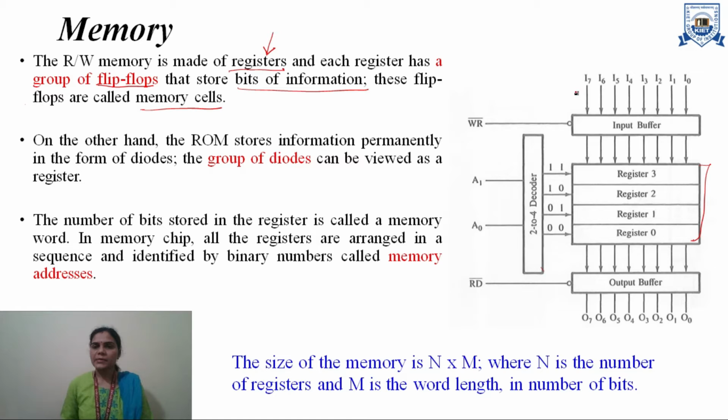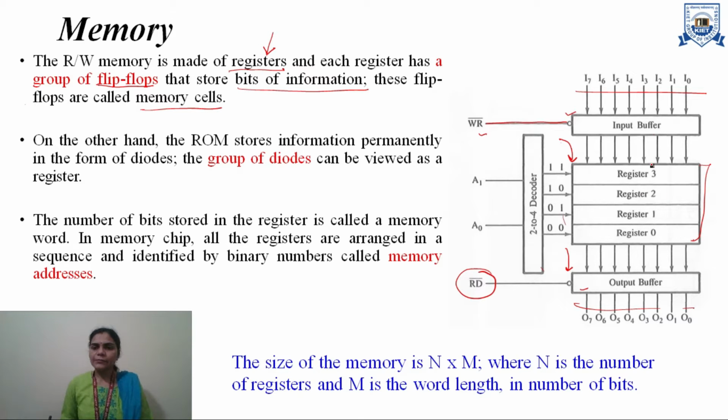Here you can see that a read-writable memory is made of registers, and it has some input lines, some output lines. We have an input buffer at the input lines, and this input buffer can be enabled by the write signal. Same as the output buffer can be enabled by the read signal. Data will be written to the registers and read from the registers.